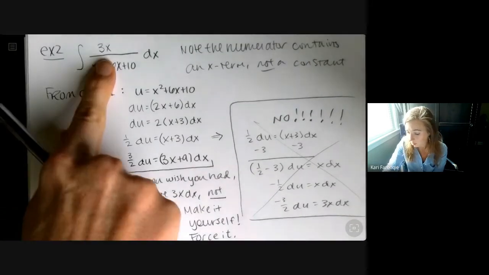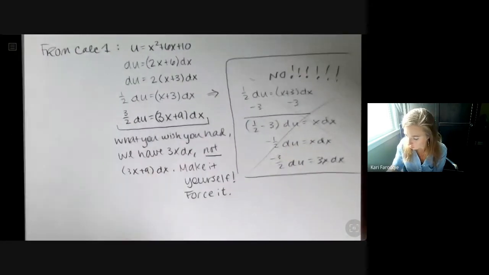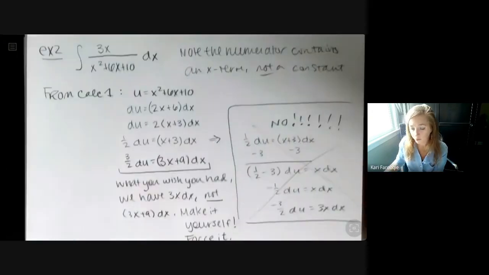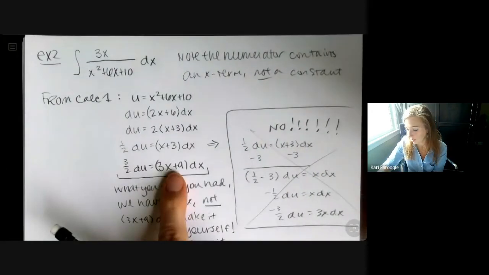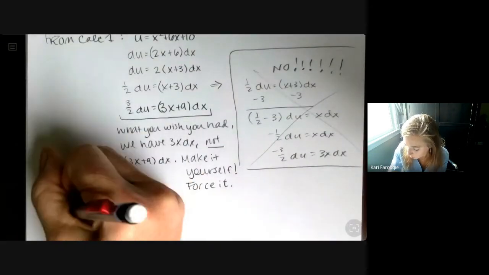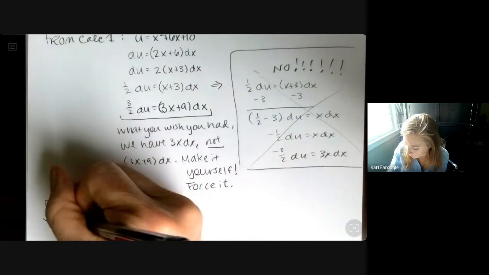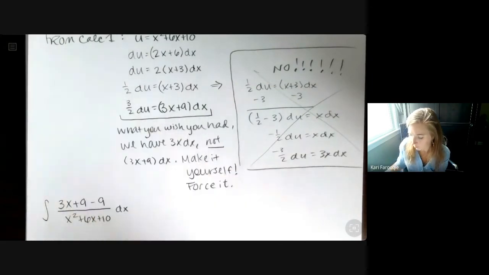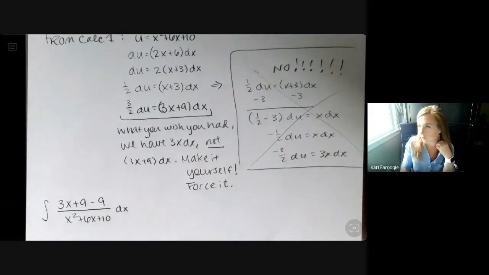So we're going to keep our original, and here's how it's going to change. All right, so we're forcing the numerator to be 3x plus 9 dx, but we must also take away that 9. I'm going to do another problem like this in 7.4 also so that you can see this again because it is such an important technique.